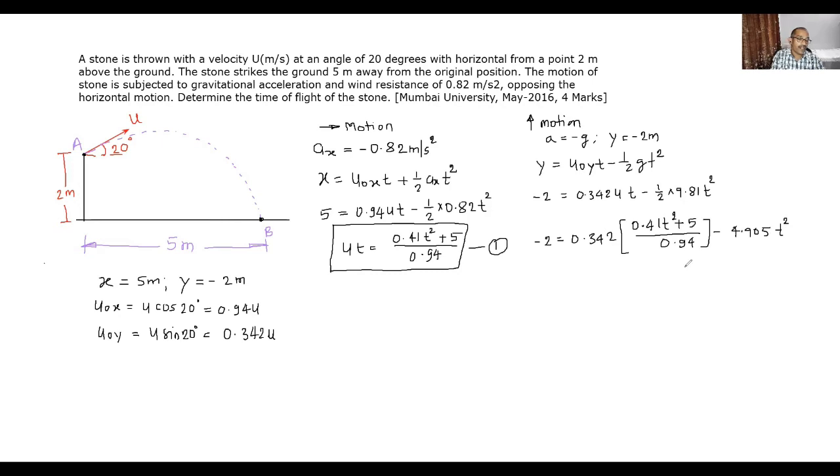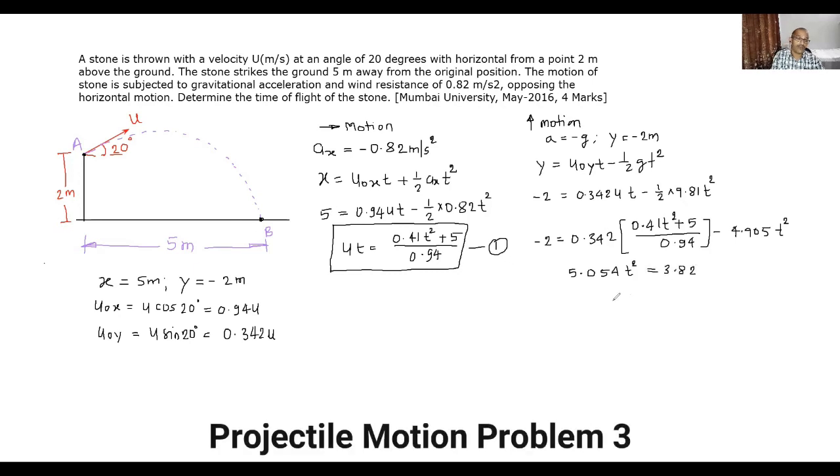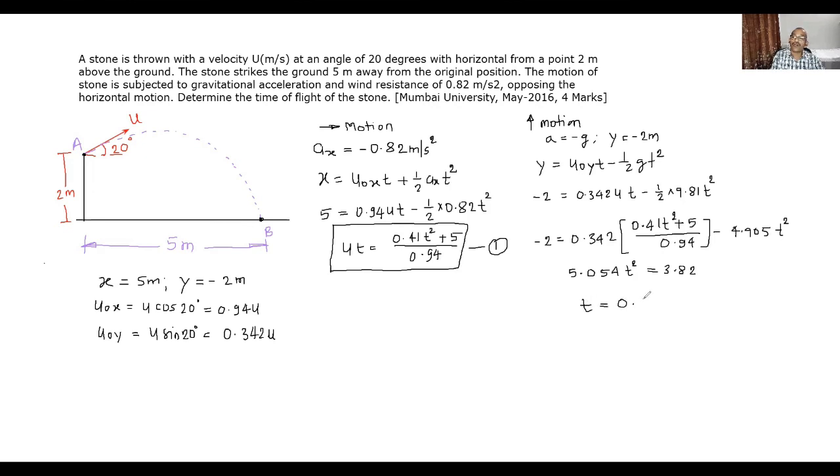Now we again get a term of t square and another term of t square. If we solve this, it comes out to be 5.054 t square equal to 3.82. And from this, t comes out to be 0.87 second. What the problem is asking is the time of flight. You are getting the time of flight here.